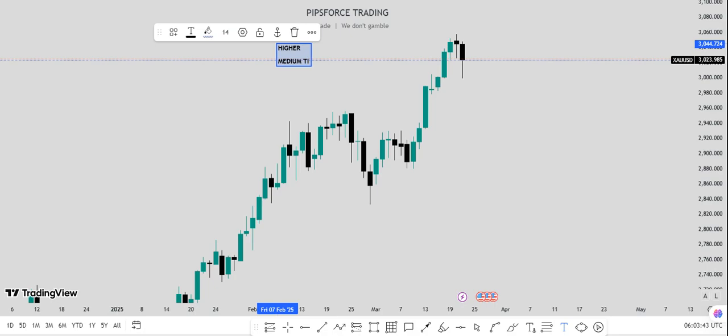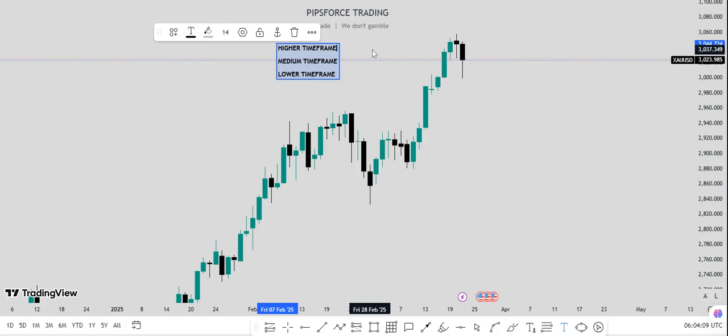From the medium time frame we have our lower time frame to look at. All these time frames also have their options, or what we are going to do in these time frames.